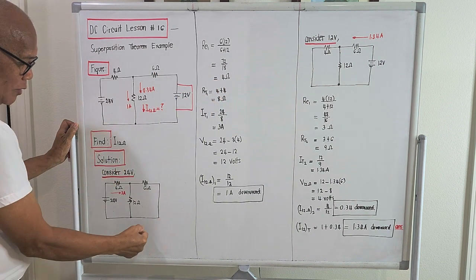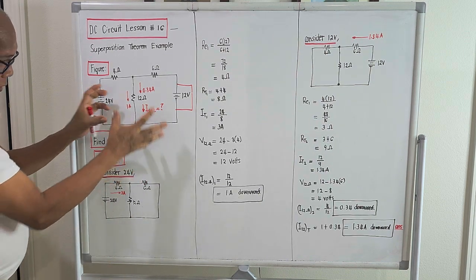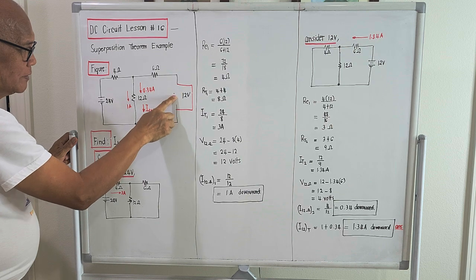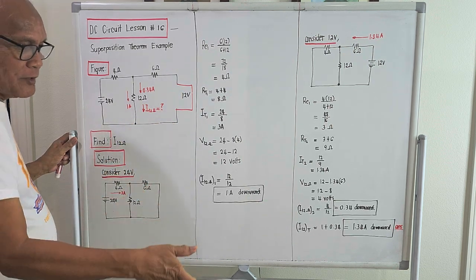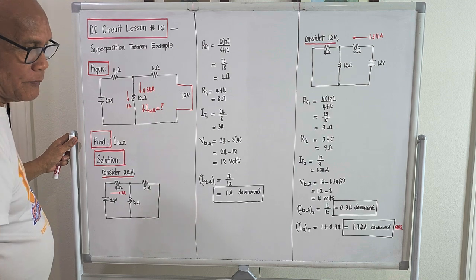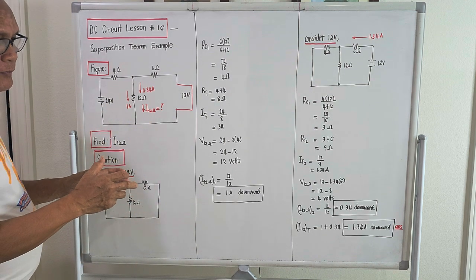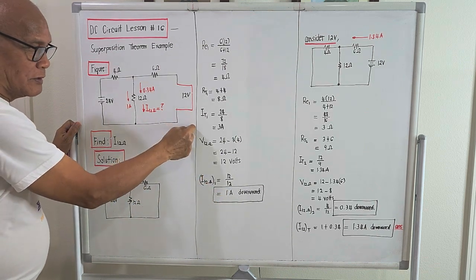The configuration will be something like this. It's the same as the original, except that the 12 volt source is gone. I think that was the first step in the solution concept of the superposition theorem. Consider one voltage source, then short out the other voltage source.